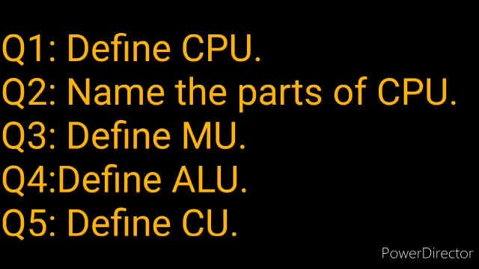Question number 1, define CPU. Question number 2, name the parts of CPU. Question number 3, define MU. Question number 4, define ALU. Question number 5, define CU. You have read the answers to these questions in today's lecture.